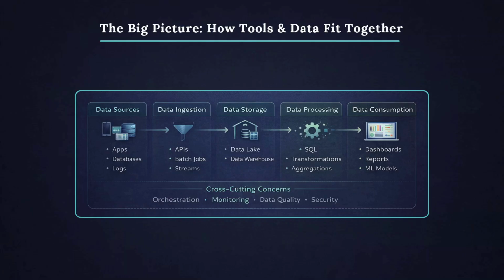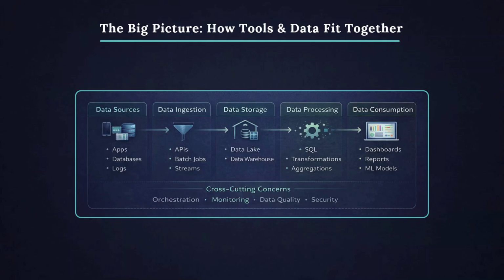Once the data has been stored, the next step is data processing, also called the data transformation step. This is where the data is cleaned, joined, and aggregated into a form that's actually useful. You might hear about tools like DBT, which helps to transform the data directly inside the data warehouse using SQL.